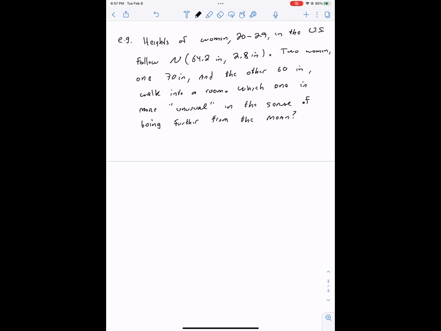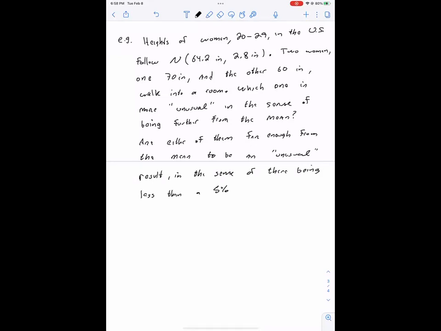But as a follow-up question, are either of them far enough from the mean to be an unusual result, in the sense of there being less than a 2.5% chance of being that tall or short or further from the mean?